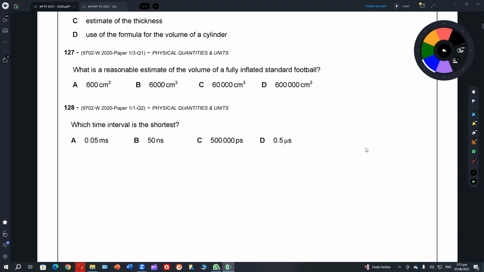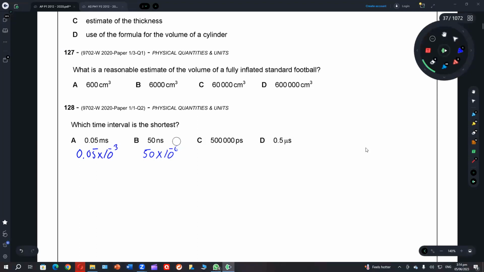Which time interval is the shortest? Let's convert all of them in 1 unit. Now you have to help me.